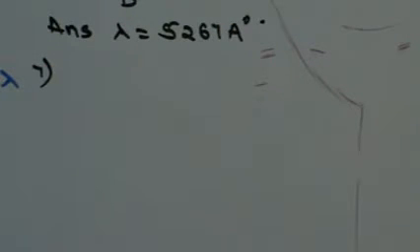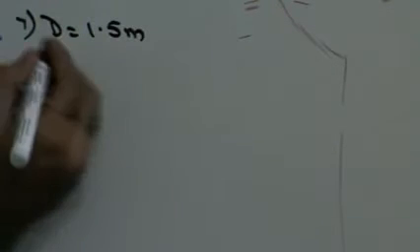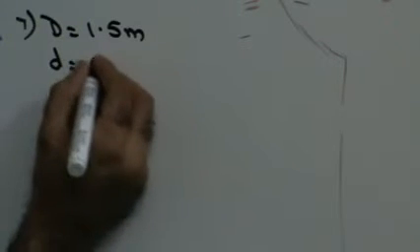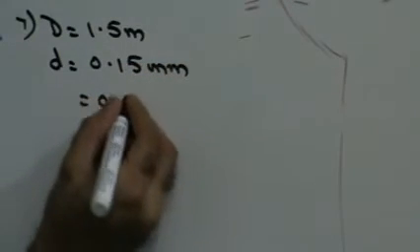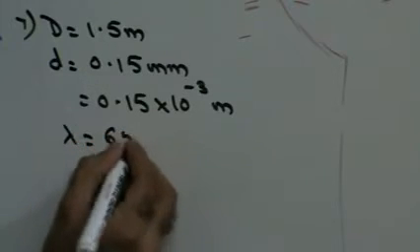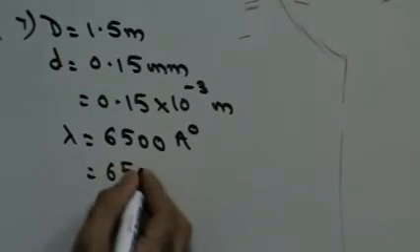In Young's experiment, the distance of the screen is 1.5 meters, and that between the slits is 0.15 millimeters. Light of 6,500 Armstrong units is used.